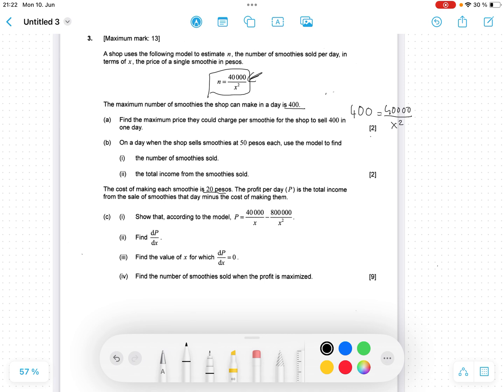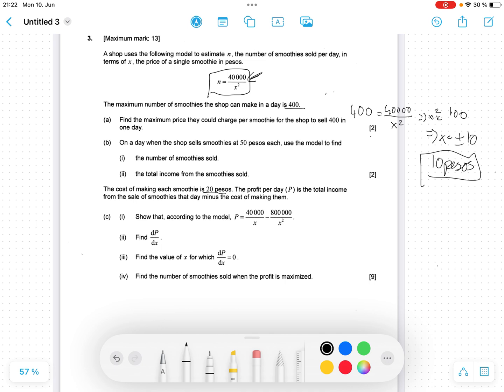And if we just type this into our calculator, we will get that x squared will equal 100. So we have that x will equal plus or minus 10, but as you can't sell for a price of negative 10 pesos, 10 is the maximum that they can sell for. So that's our answer to part A.